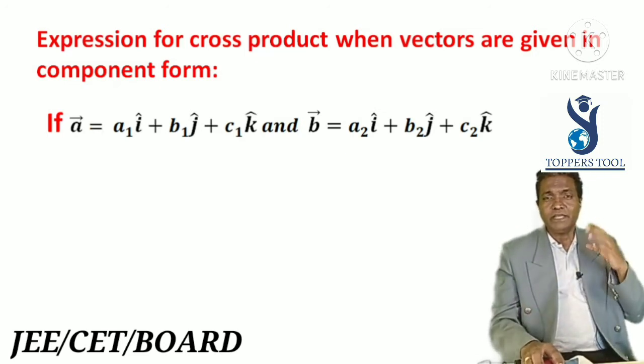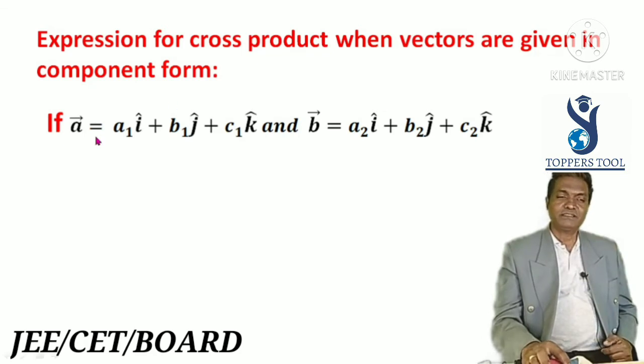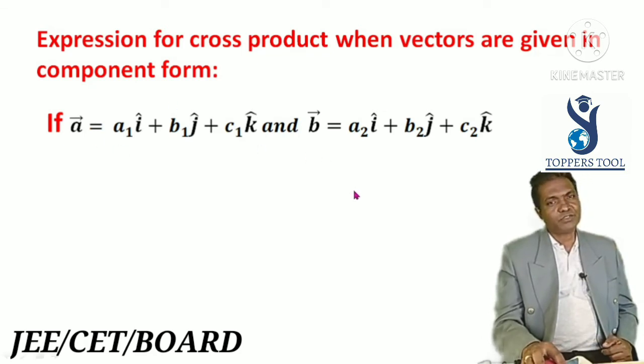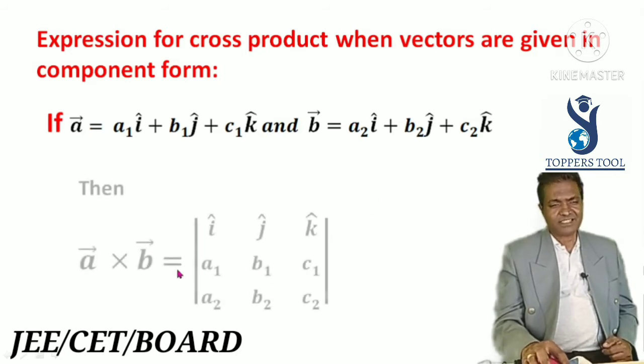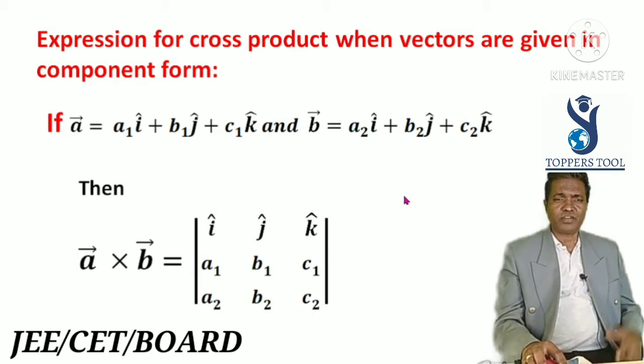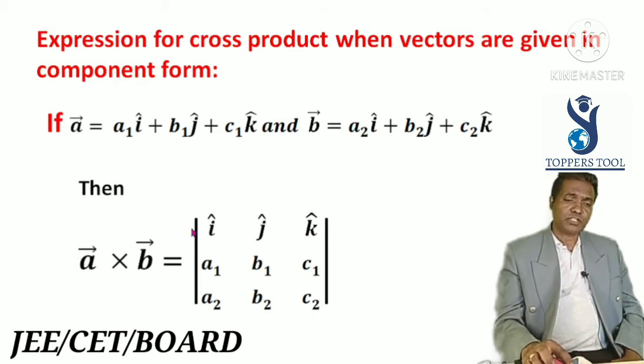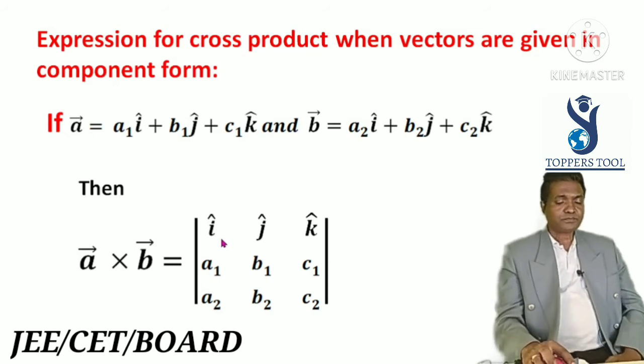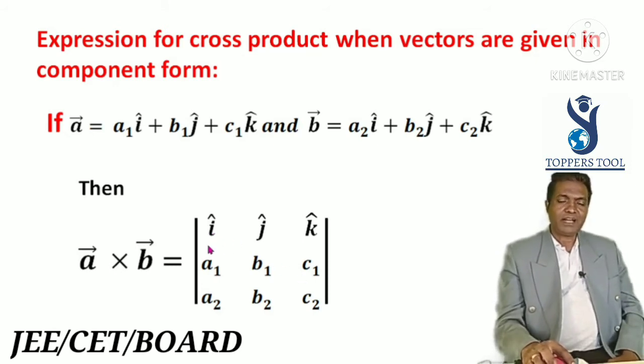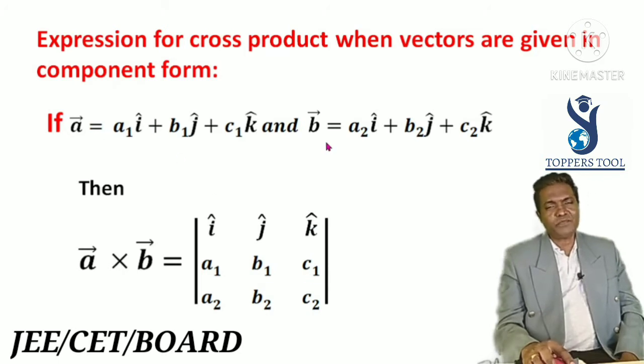Similarly, there will be an expression for cross product when two vectors are given in terms of their components. Let's understand this straightforwardly, and there is a proof for this also. The cross product of such two vectors is given by the determinant with first row i cap, j cap, k cap, the second row the coefficients a1, b1, c1, and the third row a2, b2, c2.